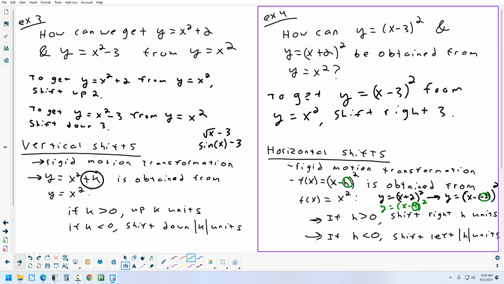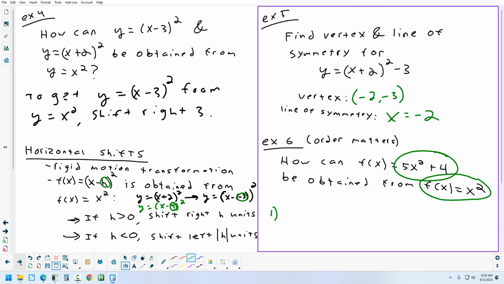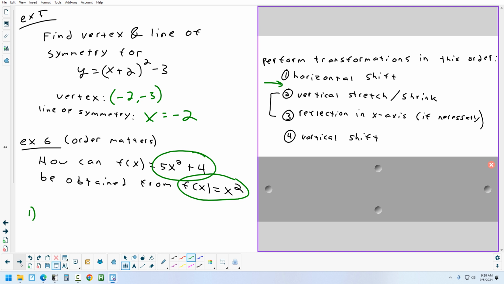There we go. So look at what the pattern looks like for a horizontal shift. And now let's go back here and look at this one. So you think the 5 is a horizontal shift?